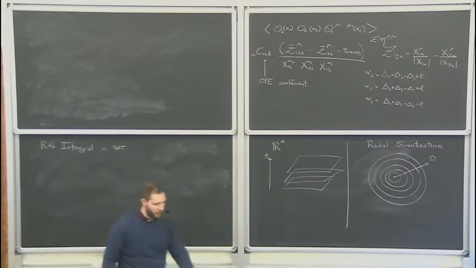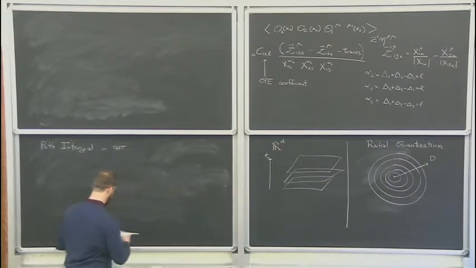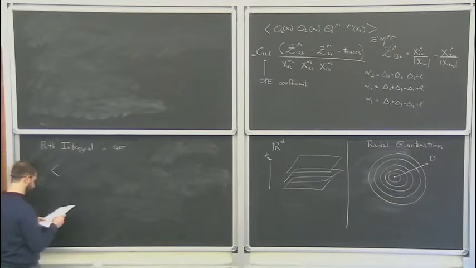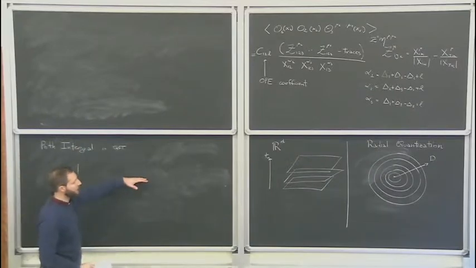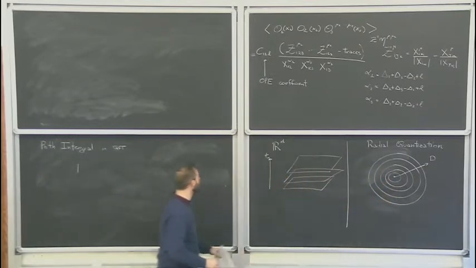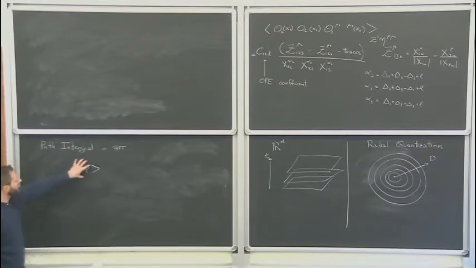is basically, it measures the probability that, starting from a state defined on some slice of your foliation, let's say psi, you start with the state psi, and then you want to compute the probability.